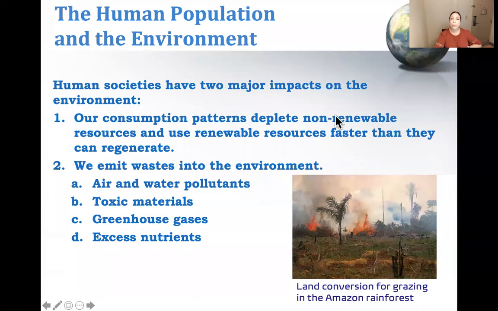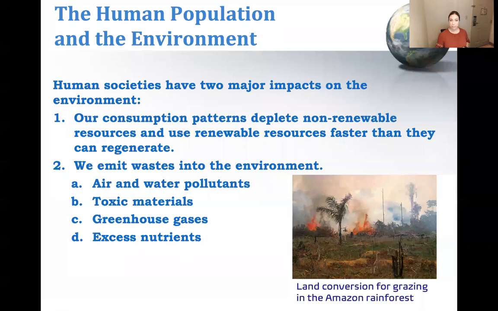Okay, so now we're going to look at the actual impacts of human societies. And when I say human societies, we're generally going to refer to countries, right? For this slide, however, I am looking at the whole of human society. So we have two major impacts on the environment.